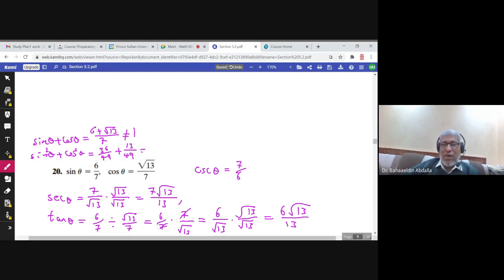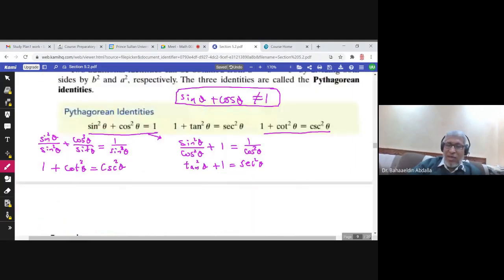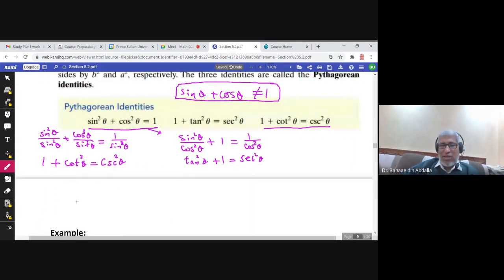Now 36 plus 13 is 49 over 49. This is 1. So please remember that sine square plus cosine square is 1. If you take the square root, then the square root of sine square theta plus cosine square theta is 1, but this is not equal to sine theta plus cosine theta.